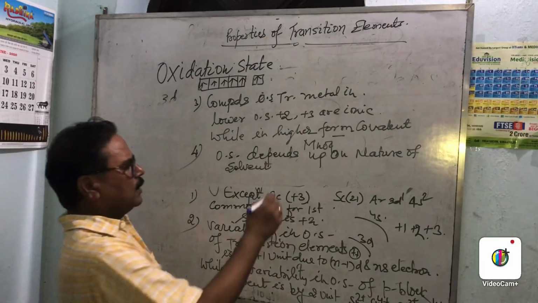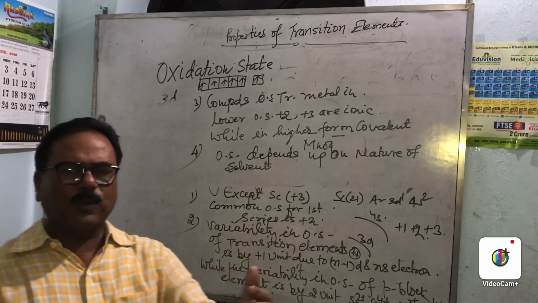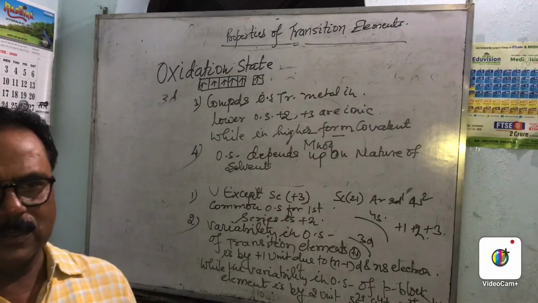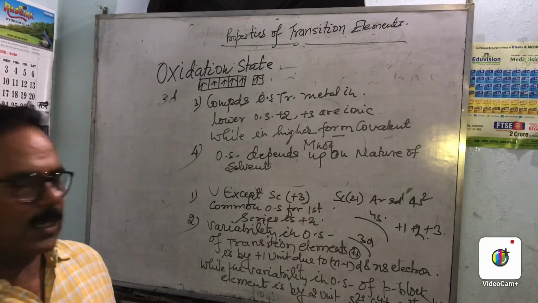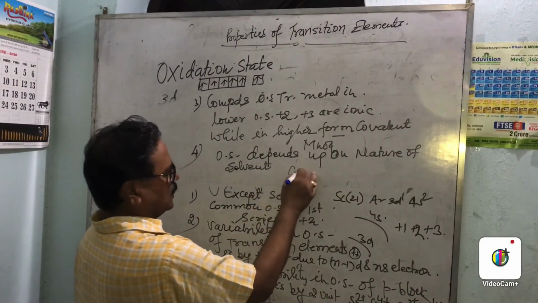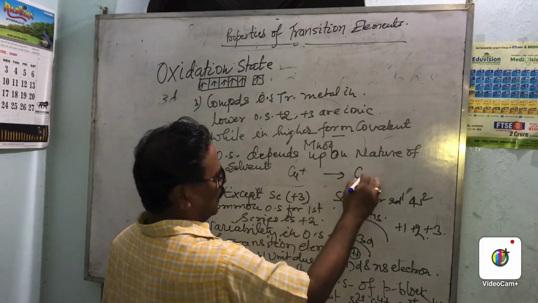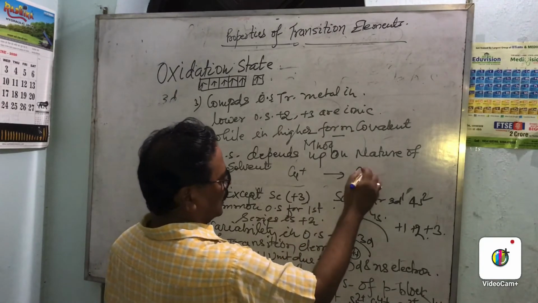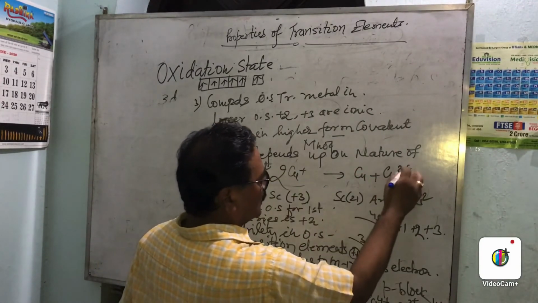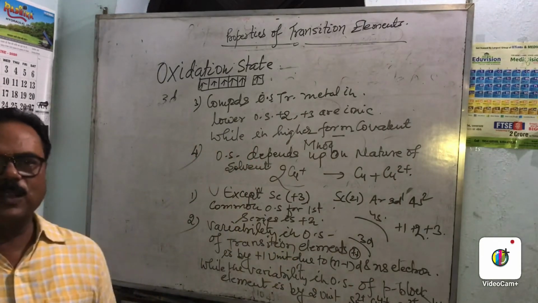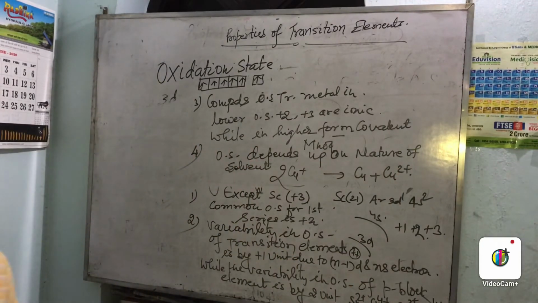For example, depending upon the nature of the solvent, they may undergo oxidation, reduction or disproportionation. Let's say copper 1+ in water goes to copper 2+. And this reaction is called a disproportionation reaction.